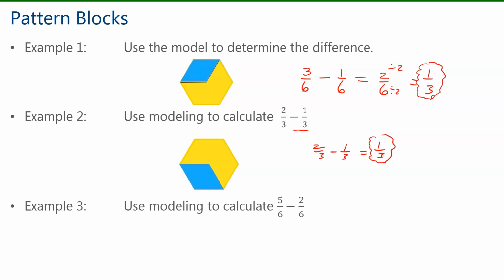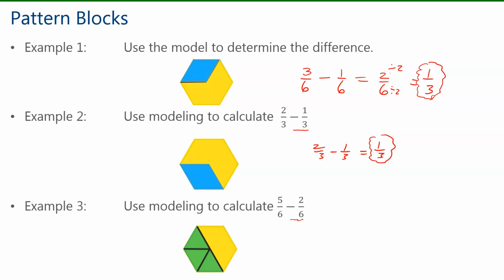And our last example, we have 5/6 minus 2/6. So let's see. I'm going to need 5/6. Well, that'll be 5 triangles. There we go. We're going to take away any 2 of those. So let's take away those 2. We remove them.